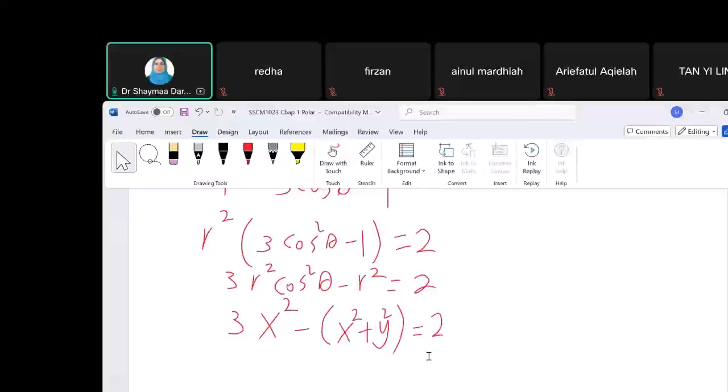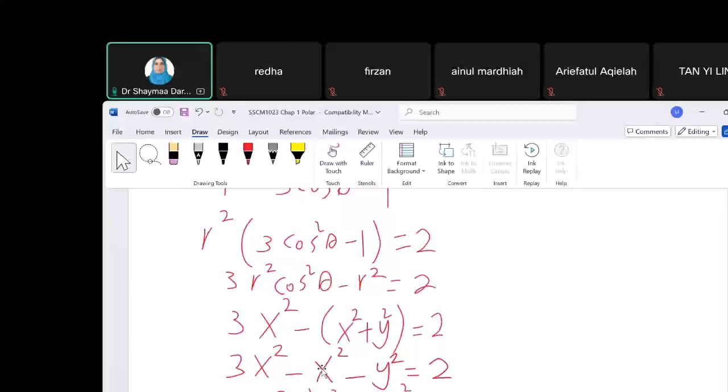Now 3x squared minus x squared is 2x squared. In more detail, 3x squared minus x squared minus y squared equal to 2, so you have 2x squared minus y squared equal to 2.